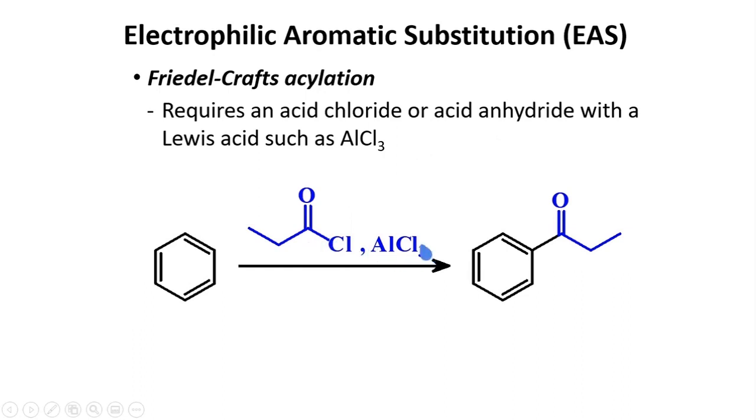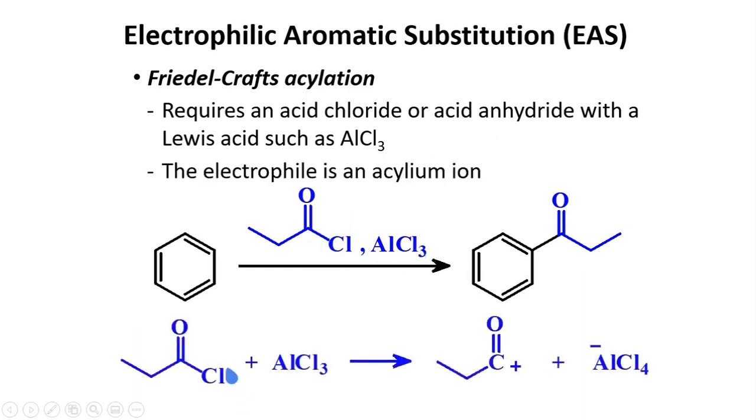Again, aluminum chloride will take the chlorine atom and leave a positively charged species we call the acylium ion. The acylium ion will react with the aromatic ring to give you this compound. Take note of the position of the carbonyl group. It must be right next to the ring system.